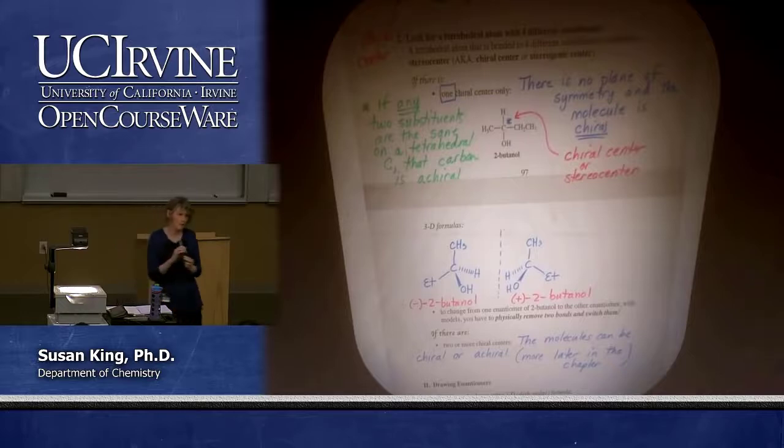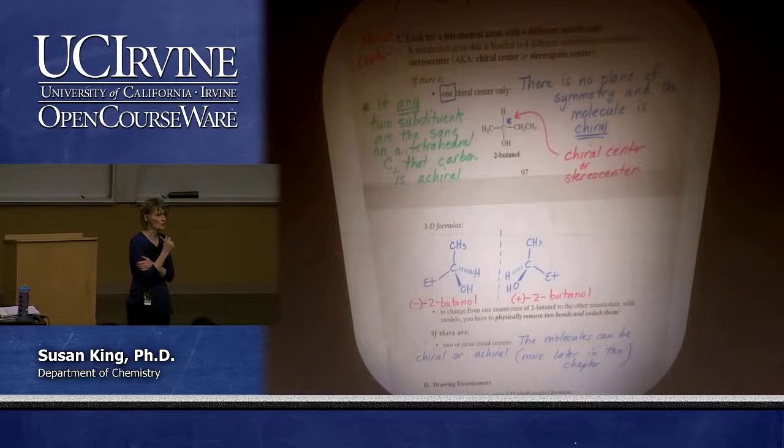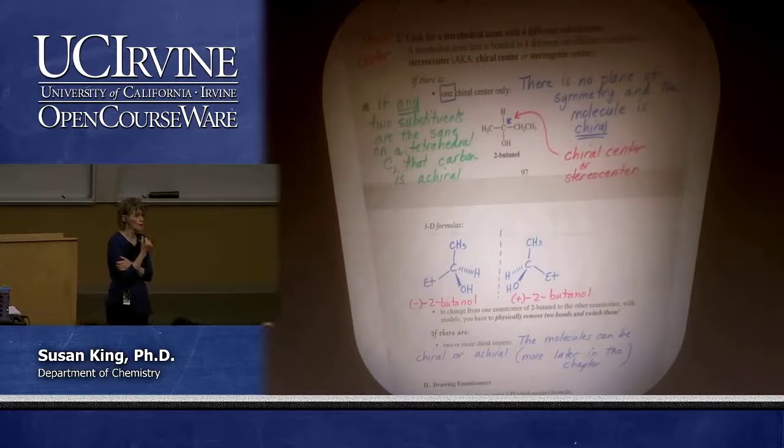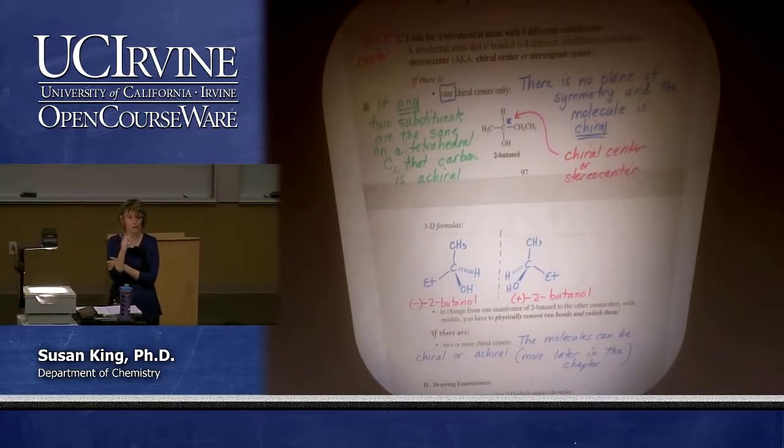So if you have a tetrahedral carbon with 4 different substituents and there's only one of those in the molecule, your molecule is chiral. If you have more than one tetrahedral carbon with 4 different substituents, the molecule can be chiral or achiral, and again, we're going to talk about that coming up. Questions so far? Anybody?